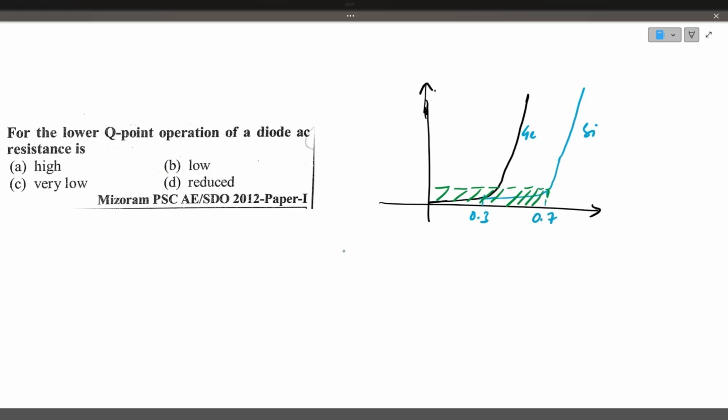So in the low Q point operation, the diode resistance r, that is change in the diode voltage divided by the change in diode current, will be very high, because the change in the diode current is very small.